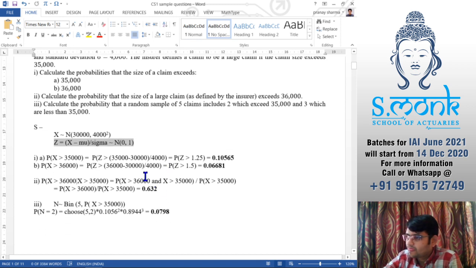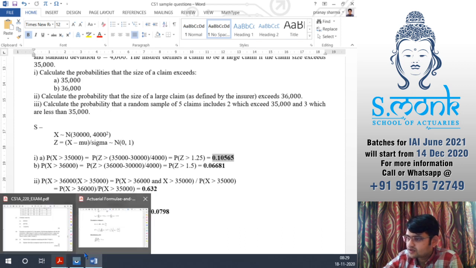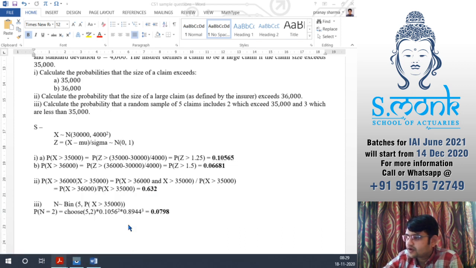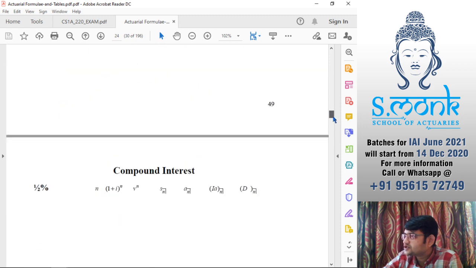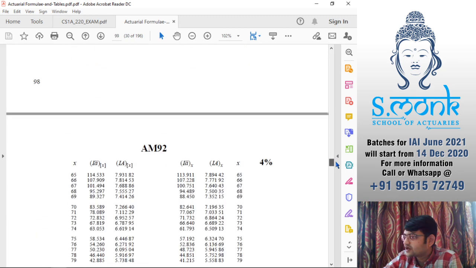So with the standard normal distribution, you then have to find your final answer here. Now whenever you are using tables, it is advisable to use interpolation to find values in between.